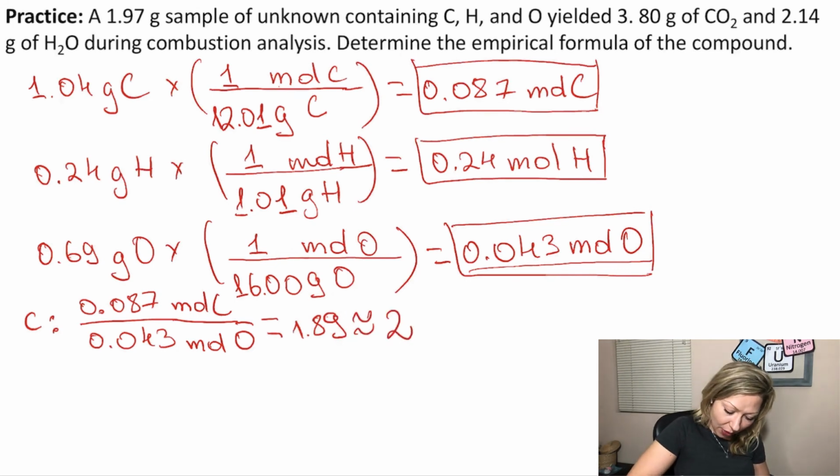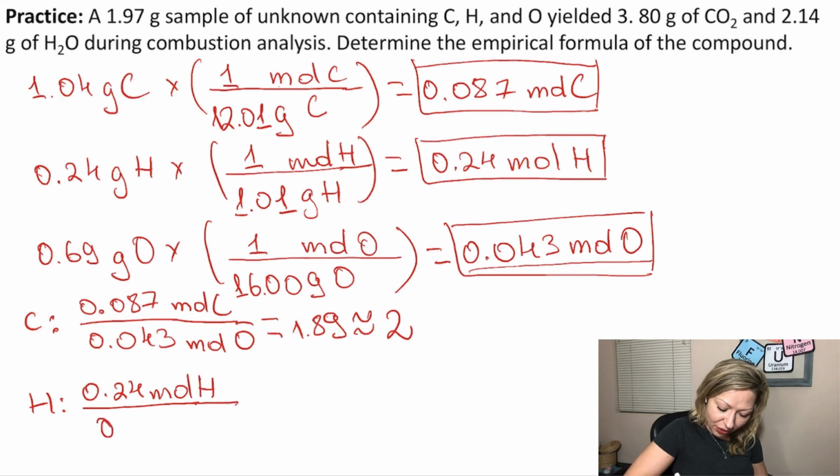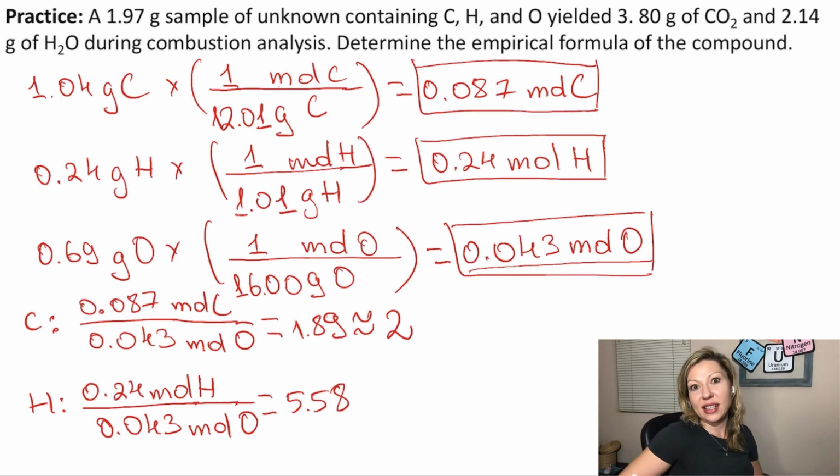Then for hydrogen, I take 0.24 moles of hydrogen divided by 0.043 moles of oxygen, and this is going to give me 5.58 as its ratio.